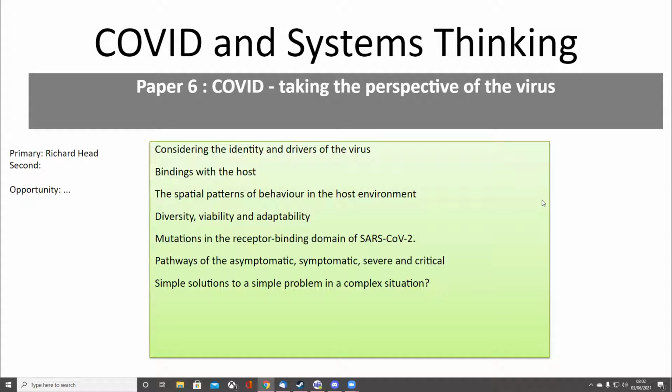The other thing that is absolutely fundamental is that by the time it's detected in the upper respiratory tract, half of the virus load has already been made. And it turns out that when the virus goes to the lower respiratory tract, it is an inefficient way for the virus to spread.